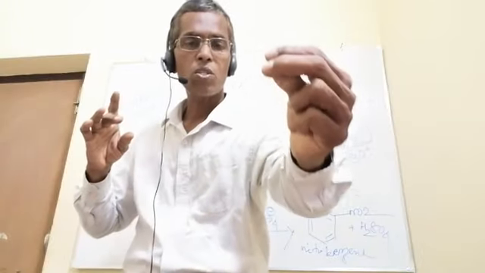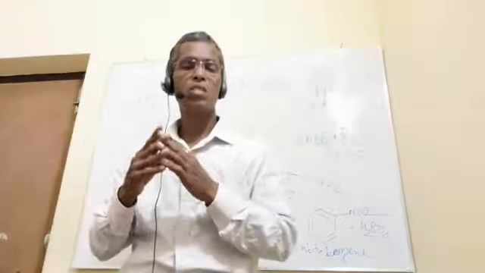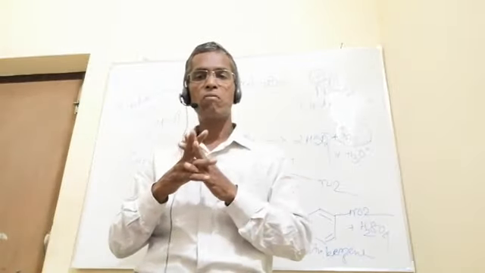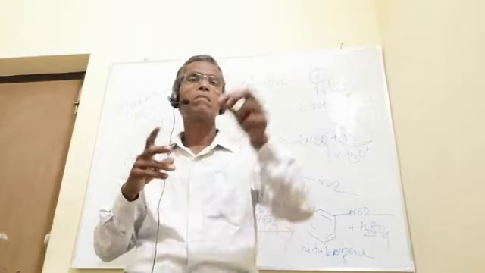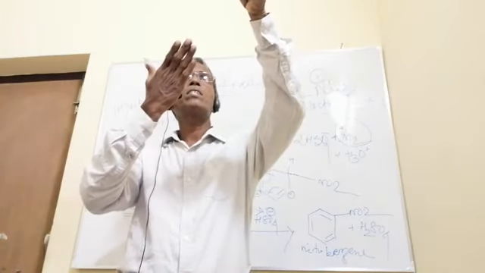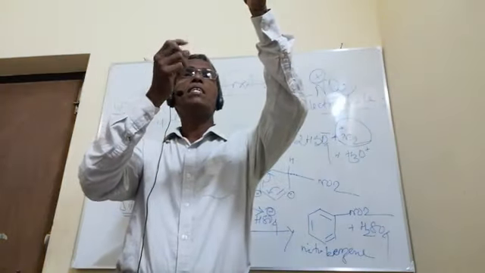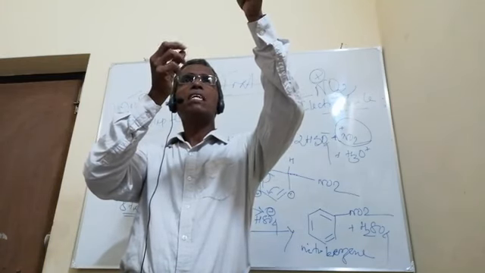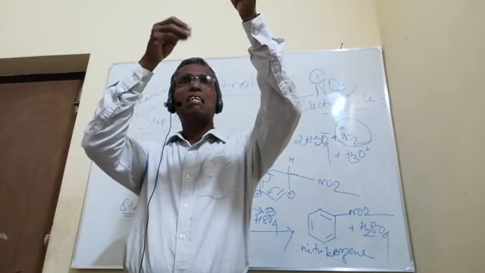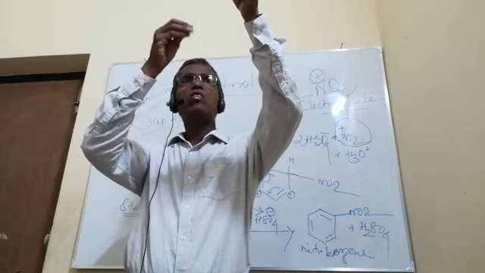You keep this in your test tube stand undisturbed for at least 2 hours of time. After 2 to 3 hours is over, simply take this and you can see now beautiful needles, the yellow colored crystals of your nitrobenzene.